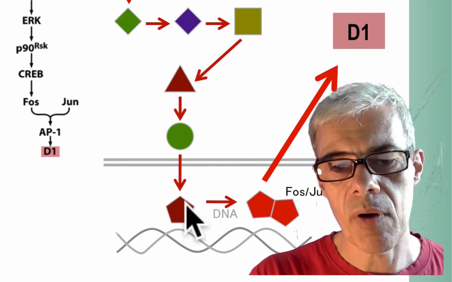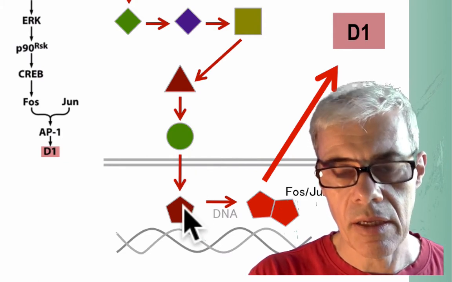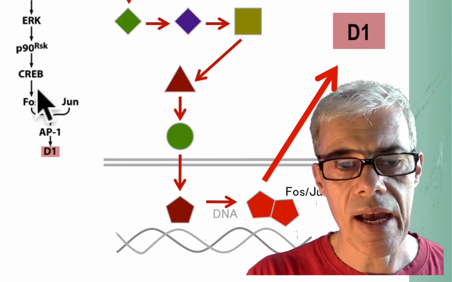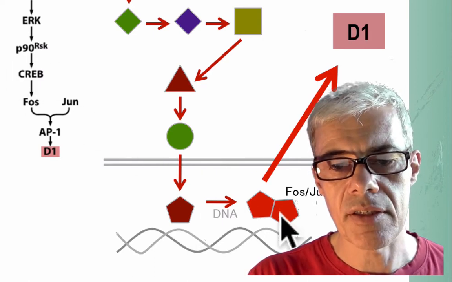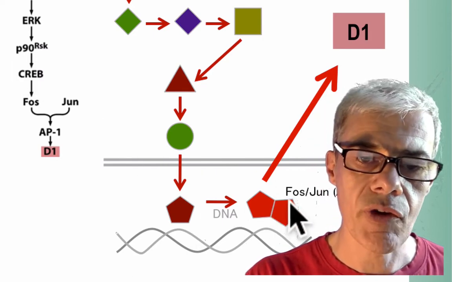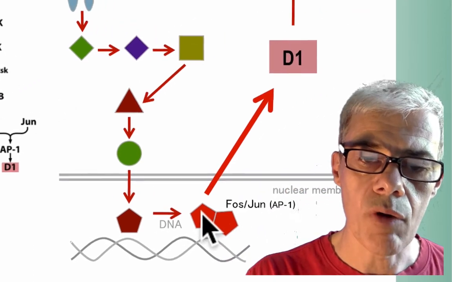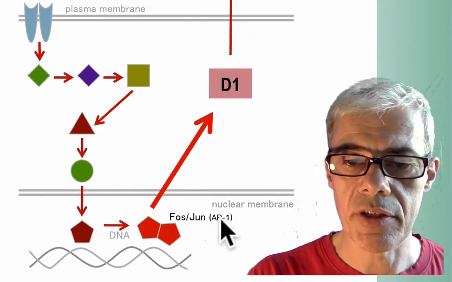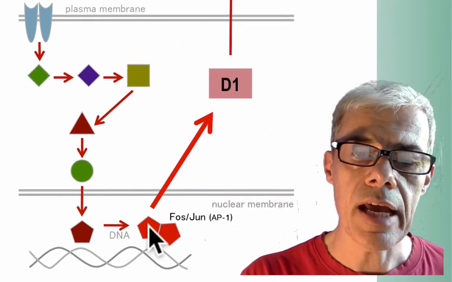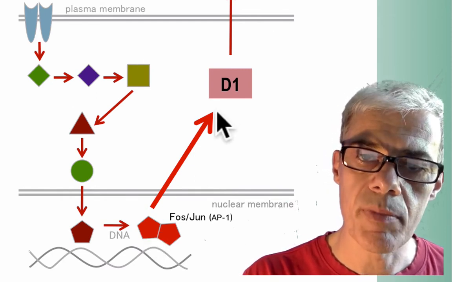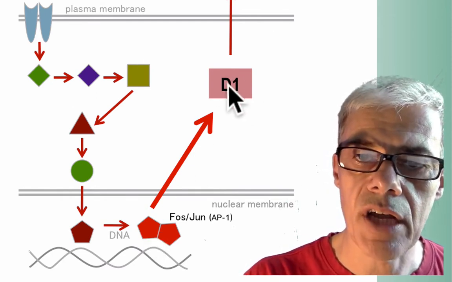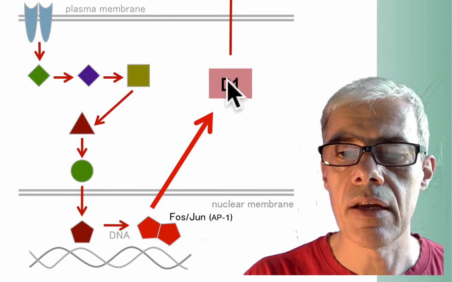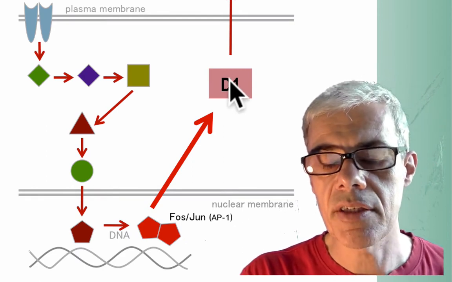So downstream of the MAP signaling pathway, we have some phosphorylation events leading to the phosphorylation and activation of FOS and JUN, otherwise known as AP1. Then AP1 binds to the promoter region of the cyclin D1, and then cyclin D1 is expressed.